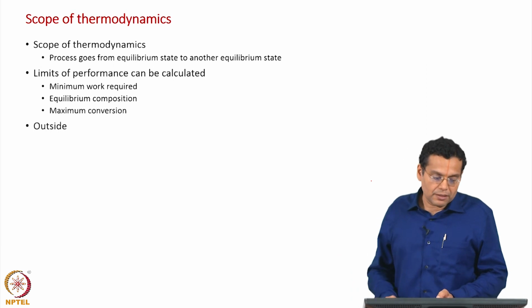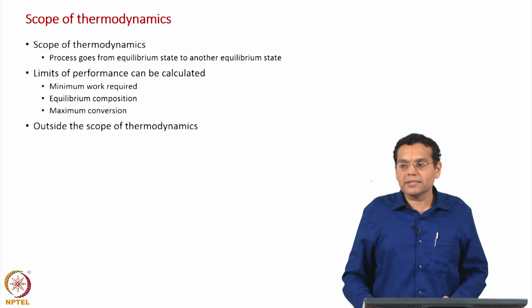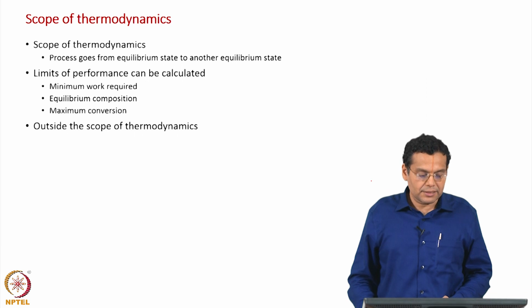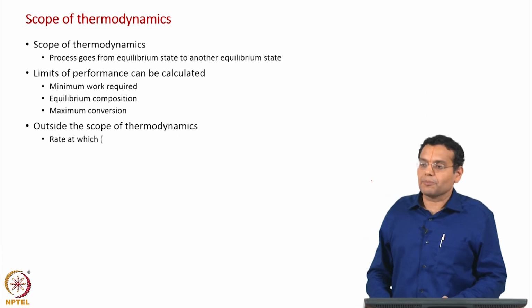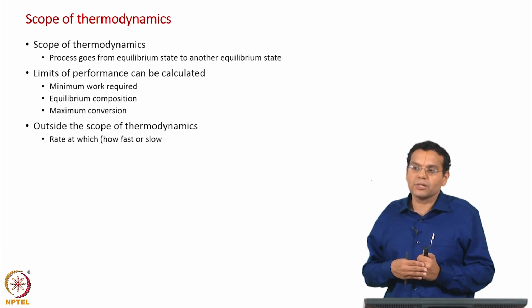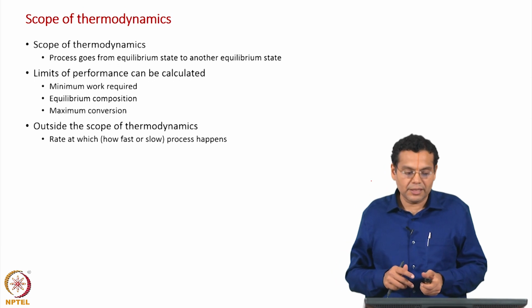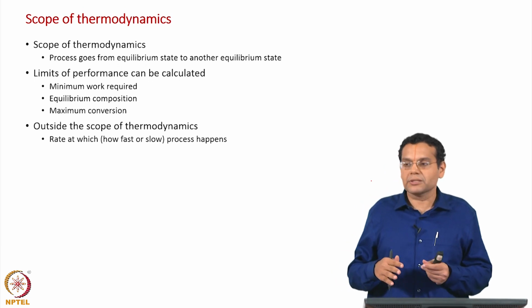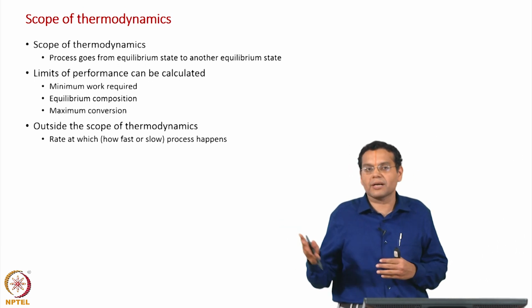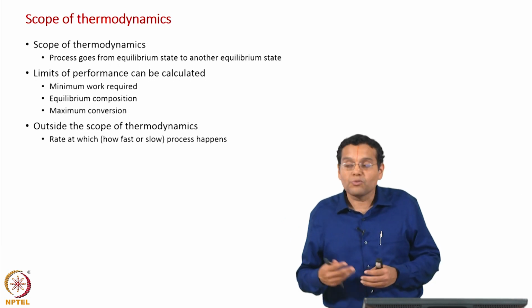Now, what is outside the scope of thermodynamics is the rate at which the process happens. How fast it happens, how slow it happens is not under the scope of thermodynamics. So, it talks about limits of performance, talks about a process going from one state to another, but does not talk about how fast the process happens.